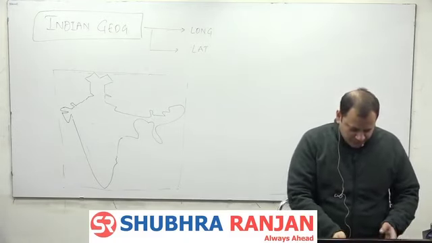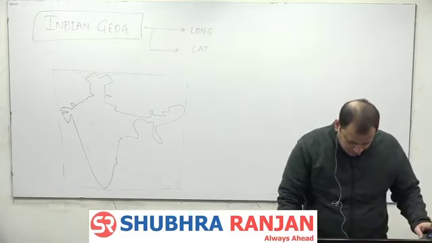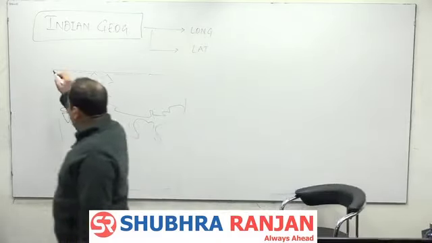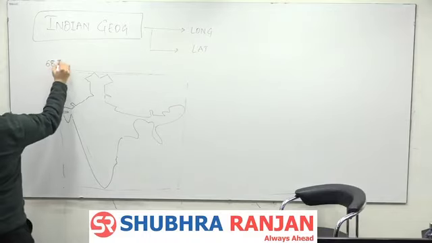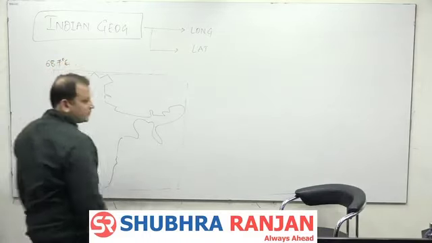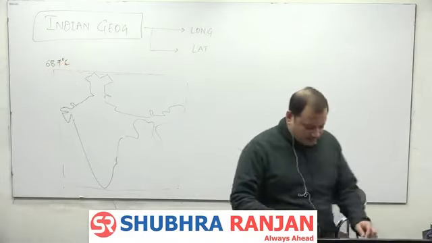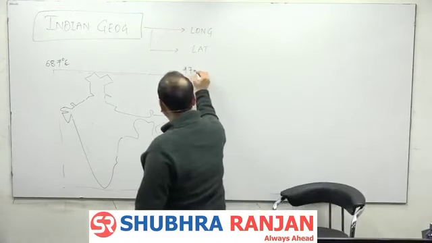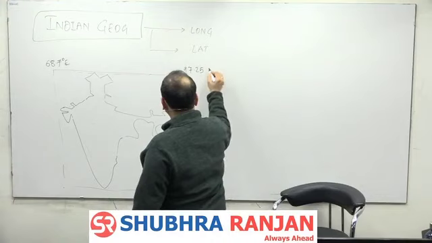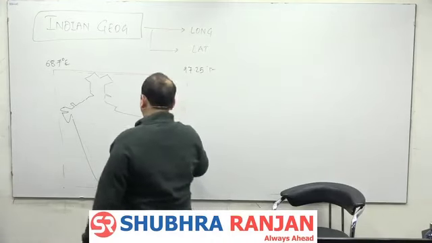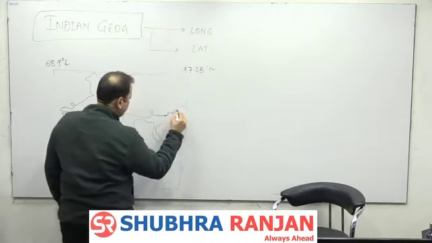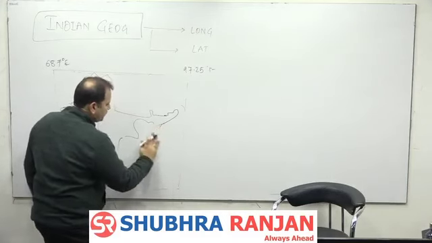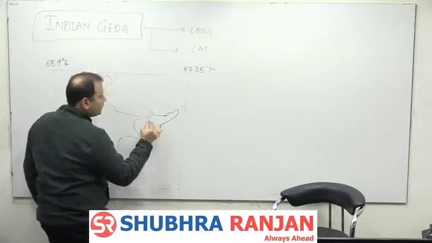The longitudinal extent of India is 68.7 degrees east to 97.25 degrees east. Between which states?